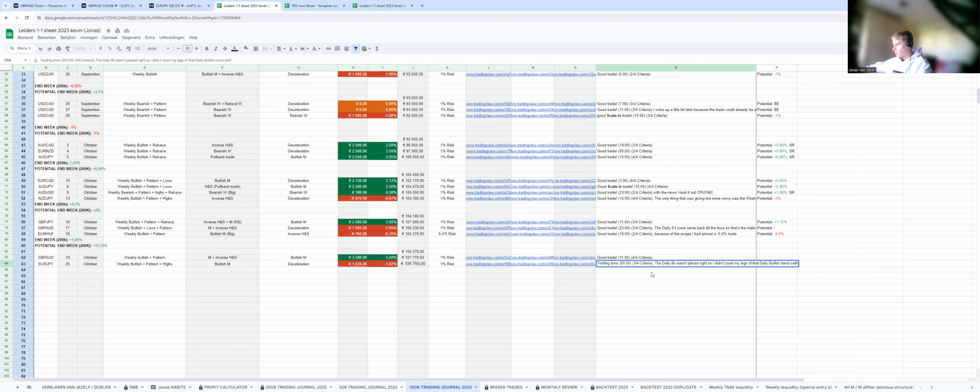So we can also play this. The daily fib wasn't placed right, and the 61.8 wasn't tapped of that bigger fib. So I didn't count my legs of a daily bullish trend well.